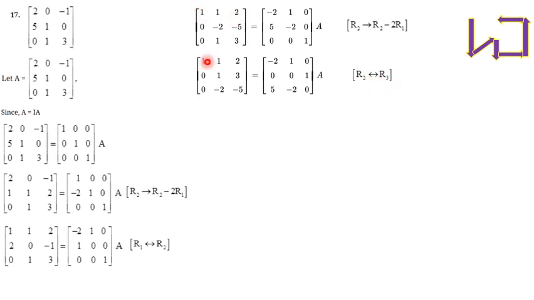R1 remains the same, 1, 1, 2. R2, 0, minus 2, minus 5, will come here as R3. And this R3, 0, 1, 3 will come here as R2. And here also the same transformation: minus 2, 1, 0 remains the same. And 5, minus 2, 0 will come here as R3 and 0, 0, 1 will come here as R2.